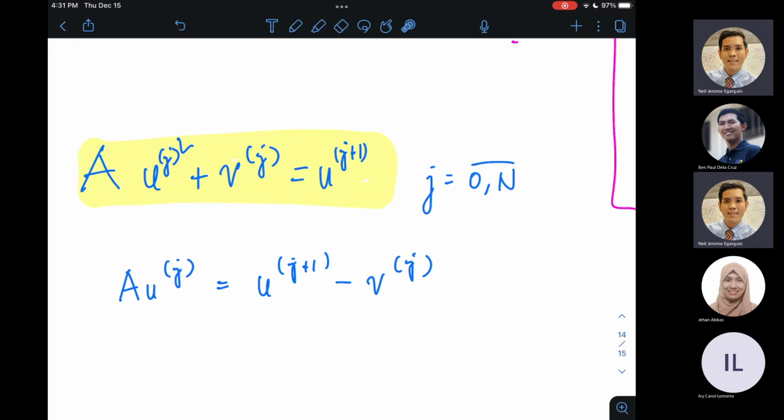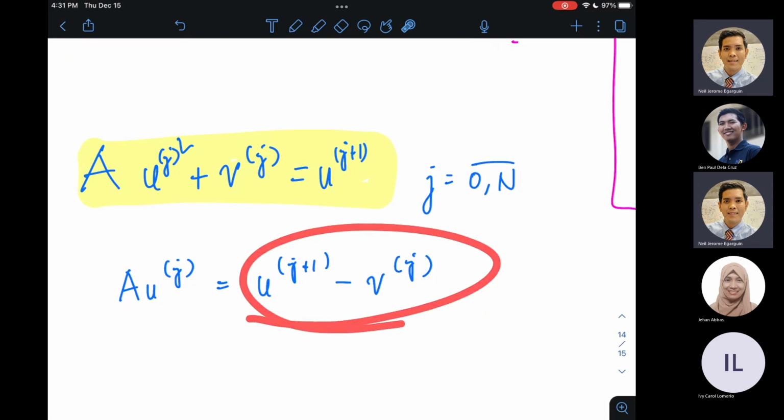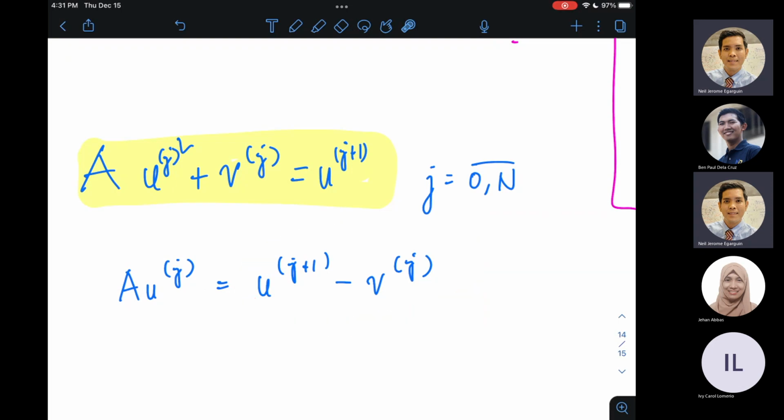Yun yung mas mahirap na problem, yung inverse problem, kasi medyo mahal mag-invert ng matrix. Pero ang kagandahan dito, constant yung matrix A, hindi yan nagbabago. Ang nagbabago lamang ay yung right-hand side kasi nag-iterate tayo through time, right? So pwede mong isipin yung U upper J plus 1 to be your desired temperature at time capital T. So you might know this is your target temperature.